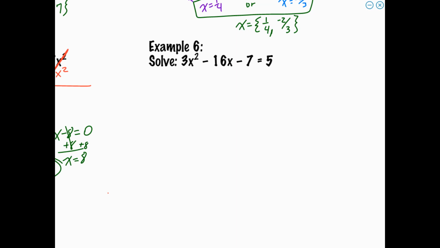No. So to get it to equal 0, we're going to have to subtract 5 from both sides. That cancels out, making this side equal 0. And we've got 3x squared, which doesn't change, negative 16x, which doesn't change, and negative 7 and negative 5 becomes negative 12.